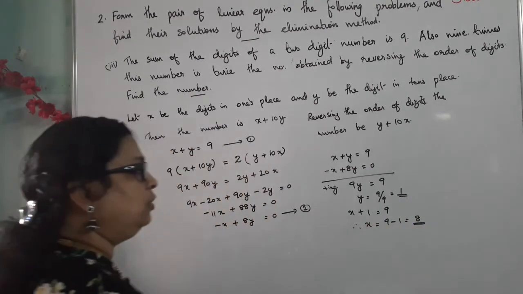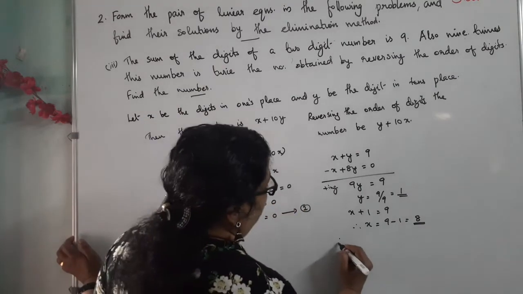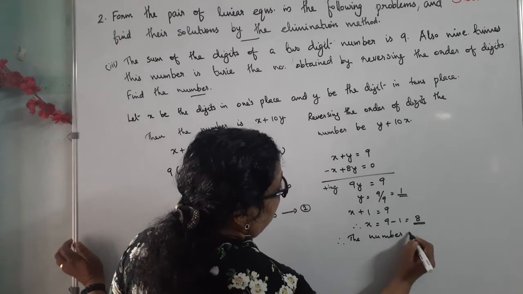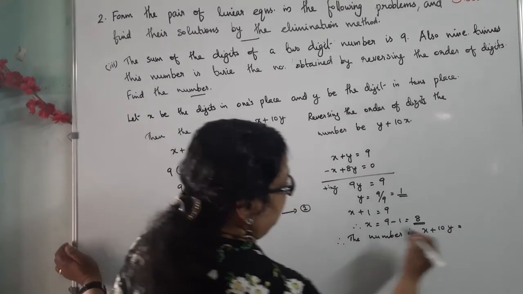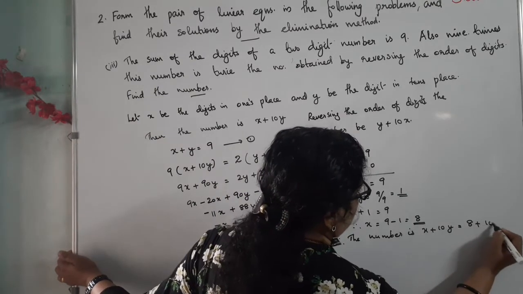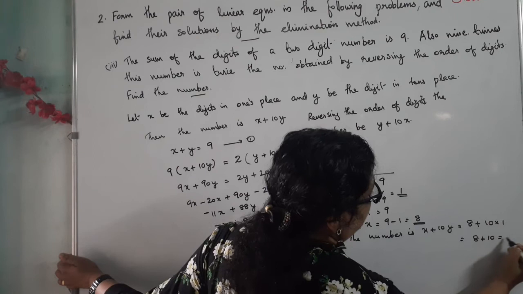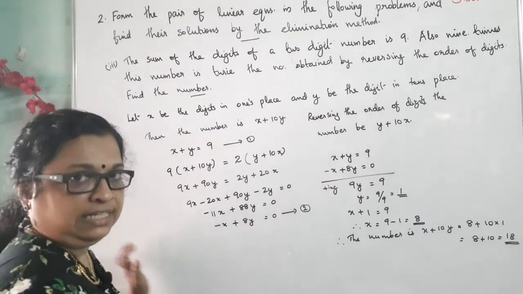So, x = 8 and y = 1. Therefore, the number is x + 10y, that is 8 + 10 into 1, that is 8 + 10 which is equal to 18. So, the number is 18.